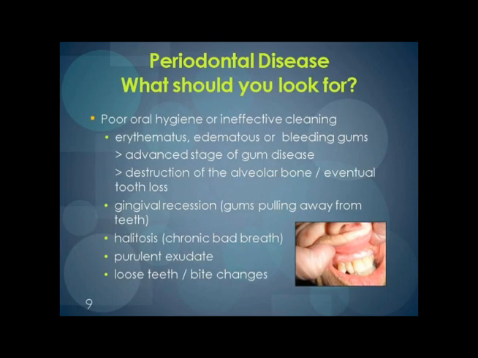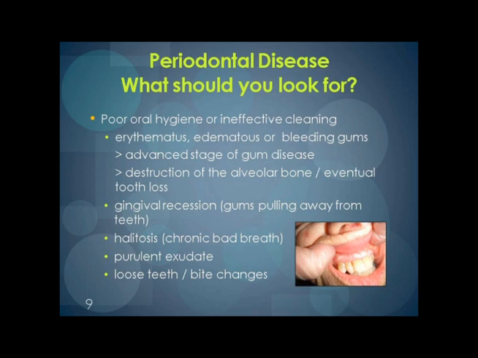What should we be looking for? Periodontal disease, or gum disease, is characterized by poor oral hygiene, resulting in redness, swelling, or bleeding gums. If left untreated, it may progress to a more advanced stage of gum disease, leading to the destruction of the alveolar bone and eventual tooth loss. A supporting bone is lost.